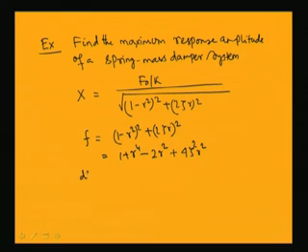Now df by dr, I can differentiate this. So, this becomes 4 r cube minus 4 r plus 8 zeta square r. So, this will be equal to 0.